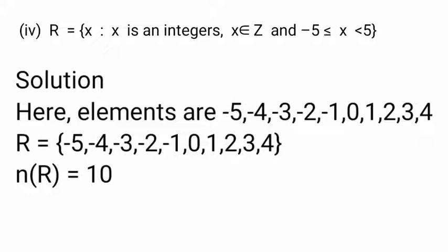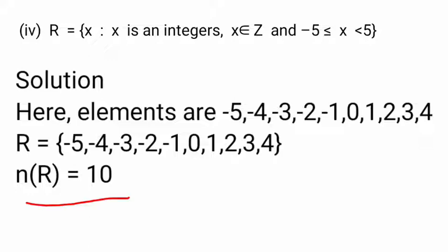Therefore, set R equals {minus 5, minus 4, minus 3, minus 2, minus 1, 0, 1, 2, 3, 4}. How many elements does the set have? 1, 2, 3, 4, 5, 6, 7, 8, 9, 10. Therefore, n of R equals 10.